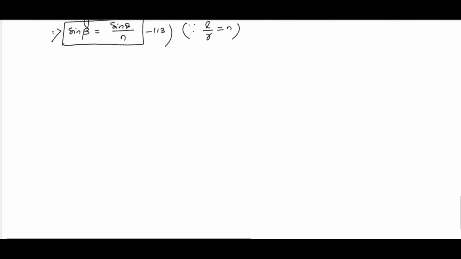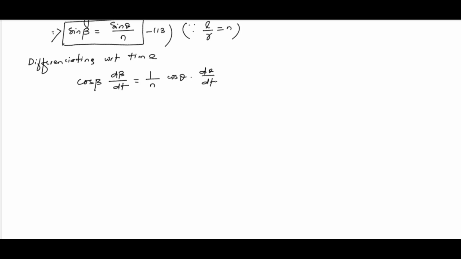Okay, now differentiating with respect to time, we can say it will be equal to cos beta d beta by dt is equal to 1 by n cos theta d theta by dt.